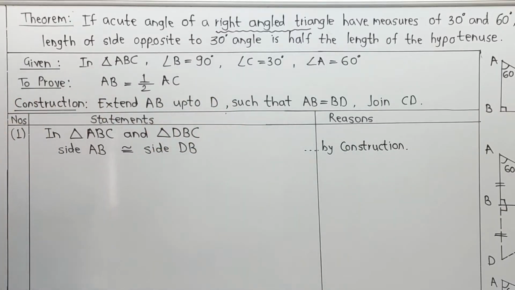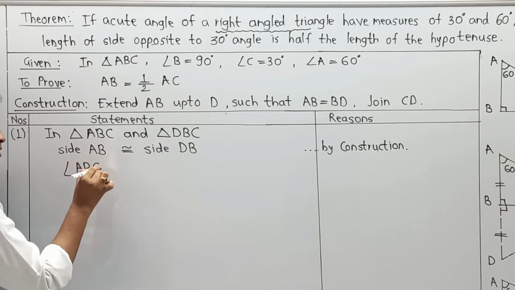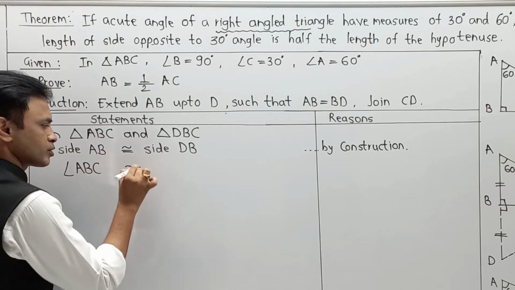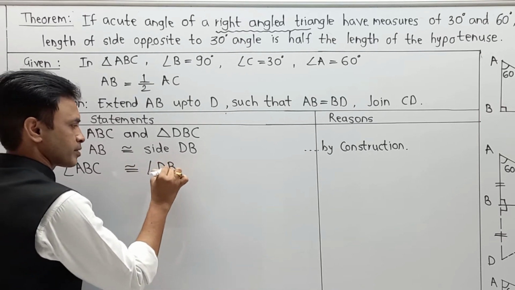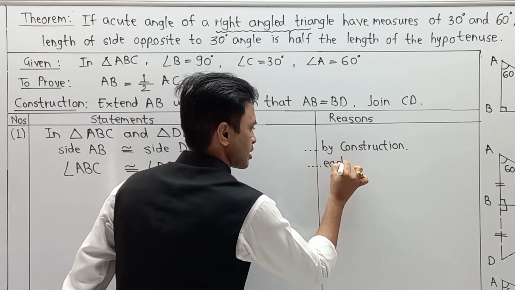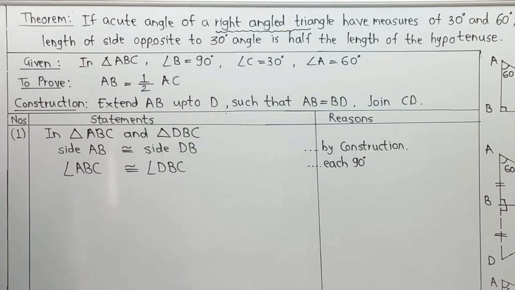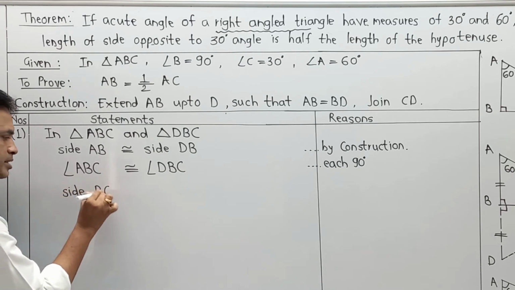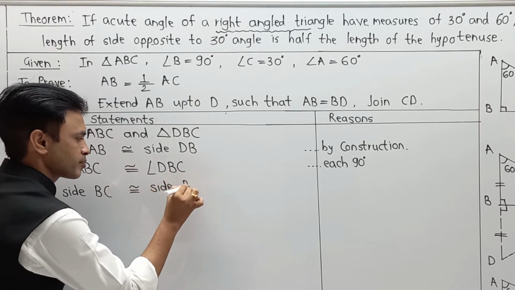Next, angle ABC is congruent to angle DBC. Reason: each 90 degrees. Third, side BC is congruent to side BC.